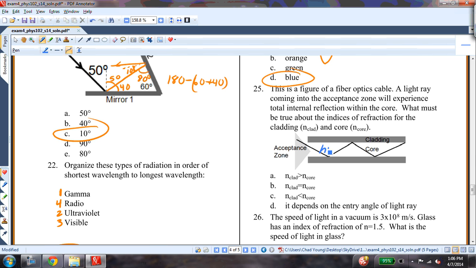So you have to have a high index of refraction and a low index of refraction. Remember, this is because you want that light ray to bend away from the normal, and so it's going to be traveling faster here to bend in that direction. So the high index of the core has to be bigger than the cladding, so that is C.